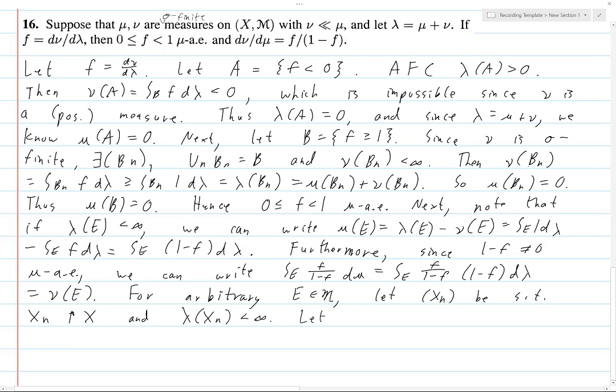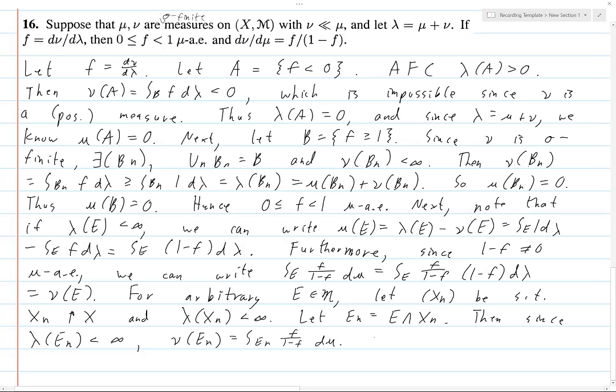Now let En equal E intersect Xn. Then since lambda En is finite because it's less than lambda Xn, we have nu of En is equal to the integral over En of f over 1 minus f d mu by what we just proved for the finite case.